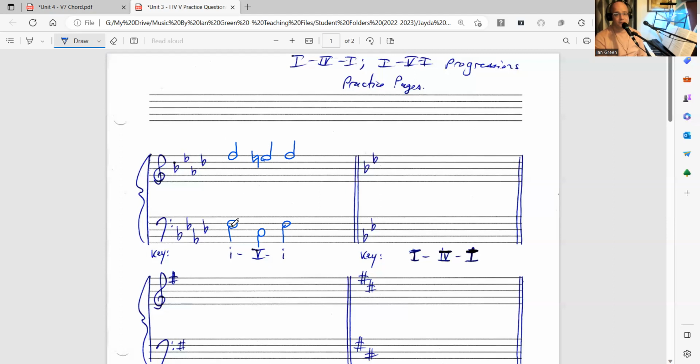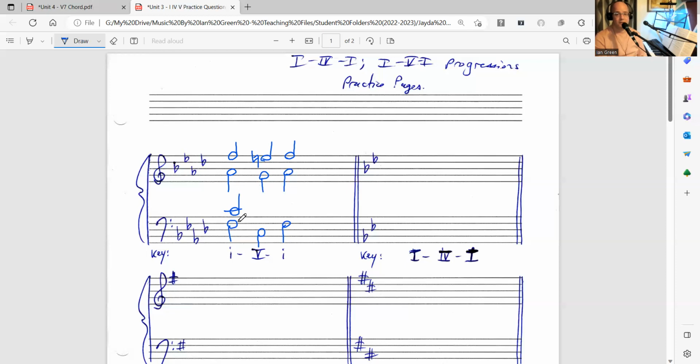Now we have the outside voices filled in. Maybe what we can do now is put the third, which is A flat in the 1 chord, in the alto voice, and then we'll put C in the tenor, and then put a G here, and then put an A flat here.